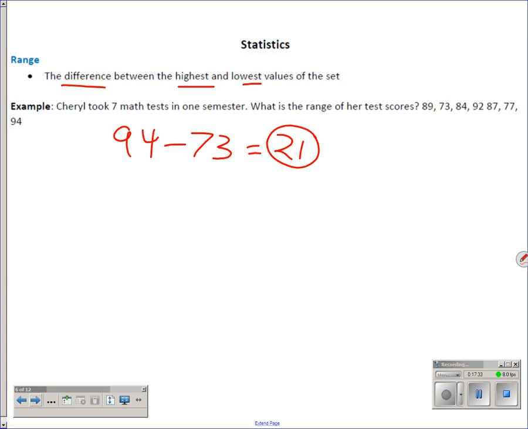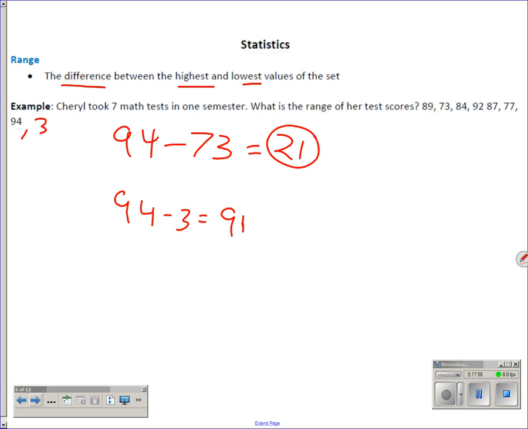But sometimes range isn't the best thing to use. Let's say that Cheryl's having a really bad day. She comes in and she only puts her name on the test, so the teacher gives her a 3. You gotta at least give her a 3 for that. So then, what would her range be? 94 minus 3 is 91.